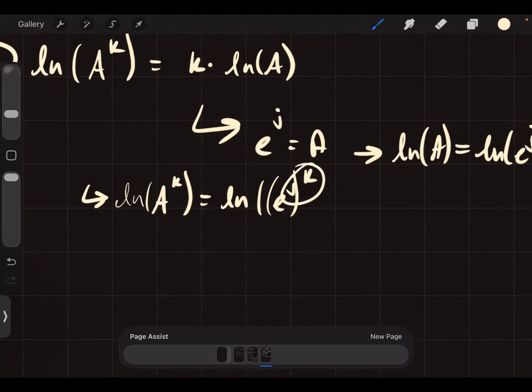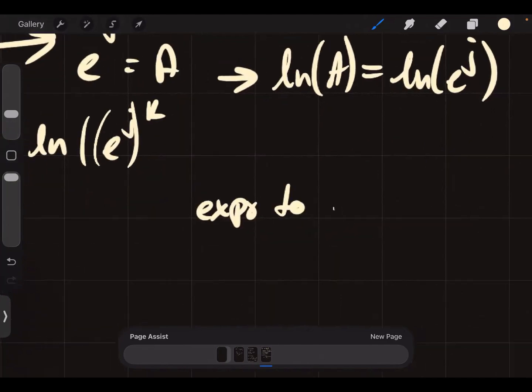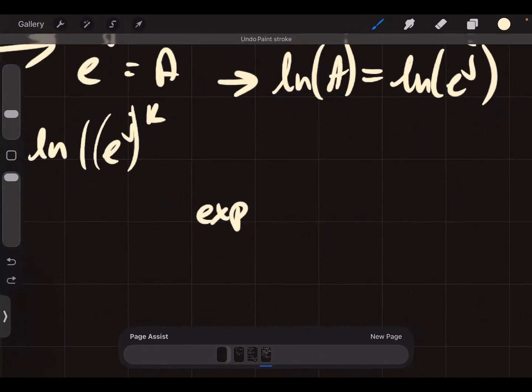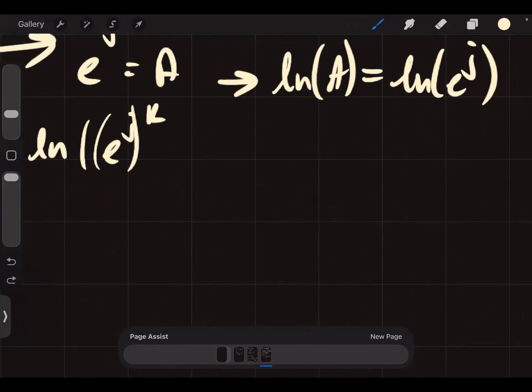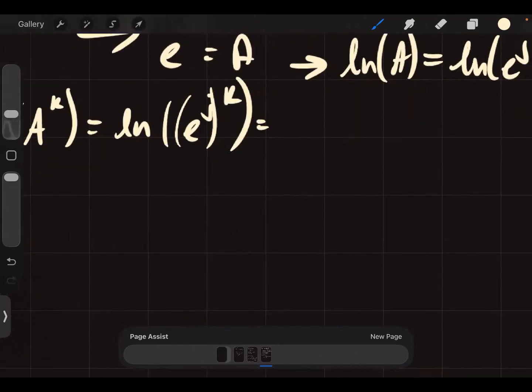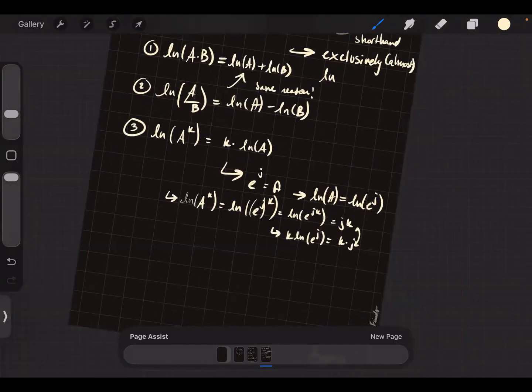And remember, friends, we're not adding for this. Exponent to exponent is multiply. You need to know why that works. If you do not, that is okay. Go study it, you're going to be fine. Then you get ln of e to the jk, which equals jk, and that's the same as k ln e to the j, which is still kj, equal to jk.